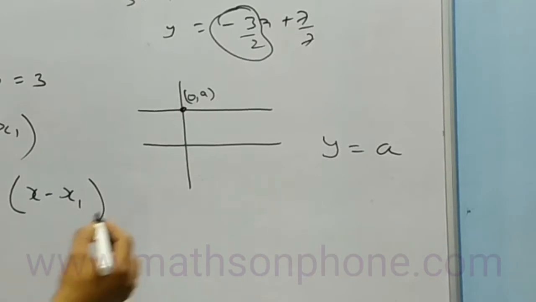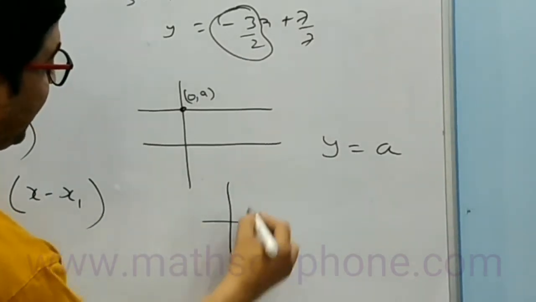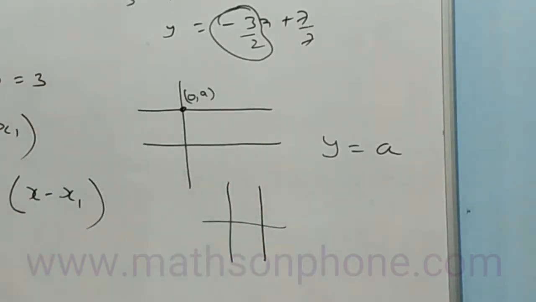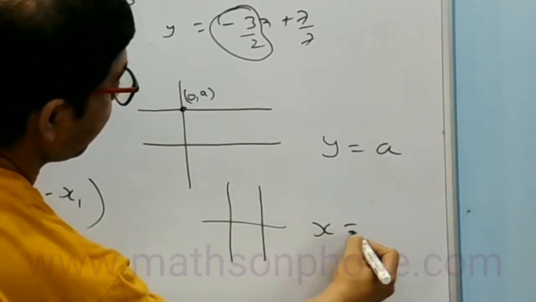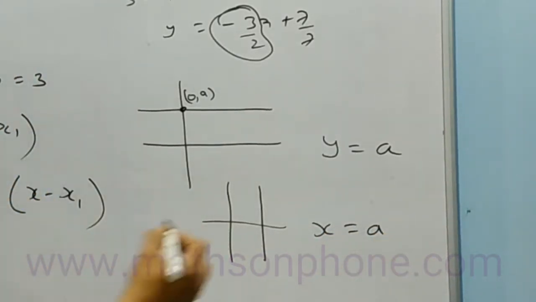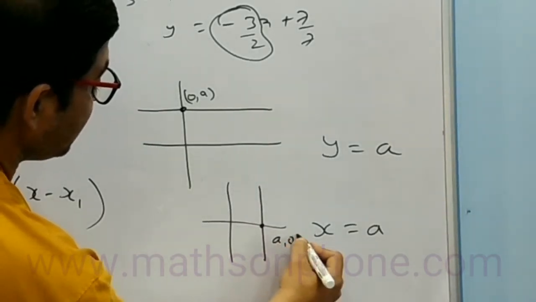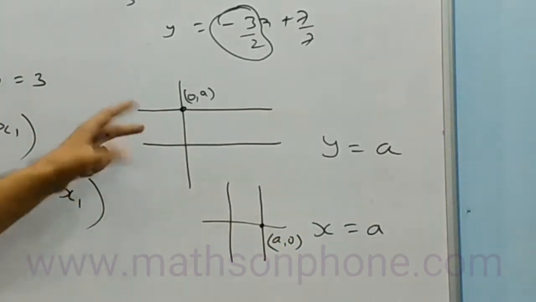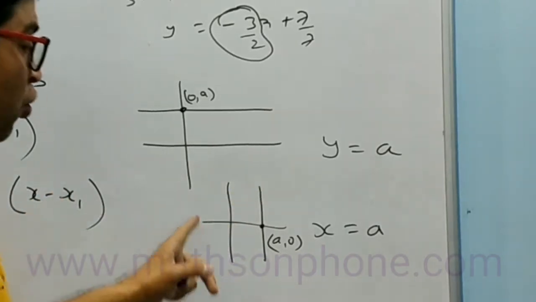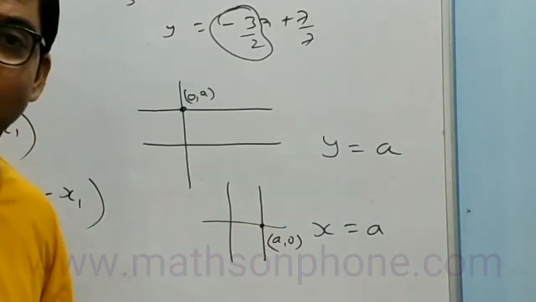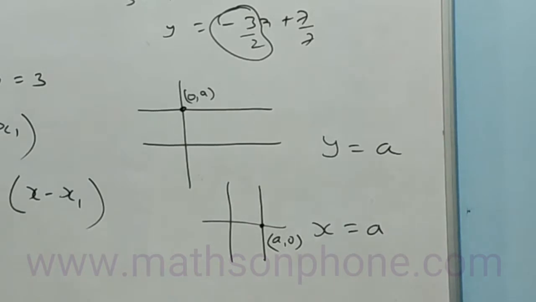Any line parallel to y-axis is taken as x is equal to a, as the point on x-axis is taken as a, 0. Okay, these are the basic things, and furthermore you know that the equation of x-axis is y is equal to 0 and that of y-axis is x is equal to 0. That is very basic things.